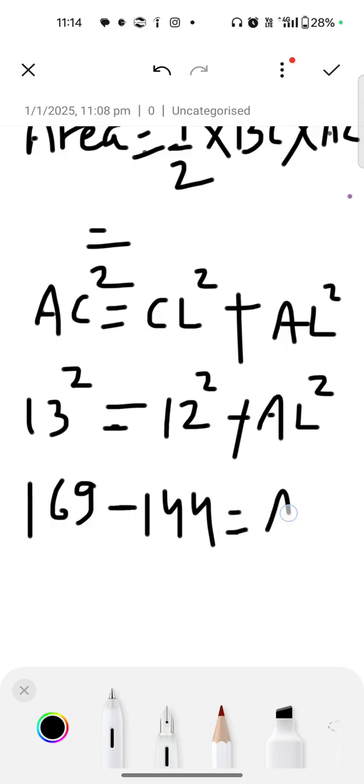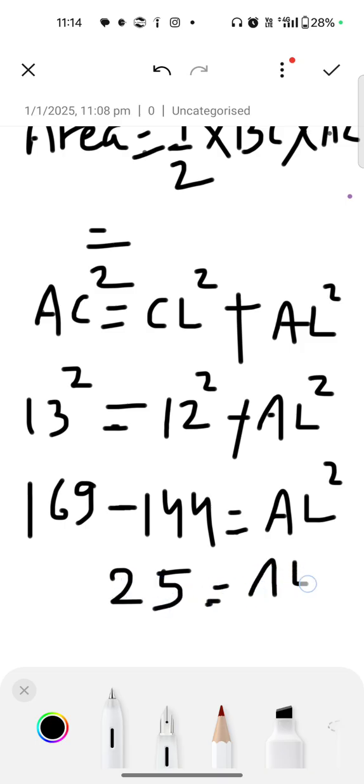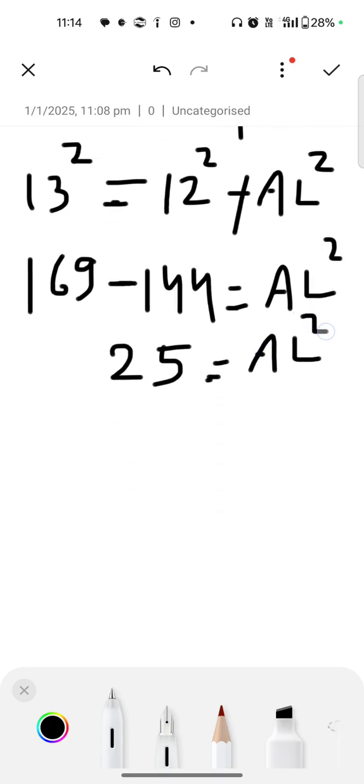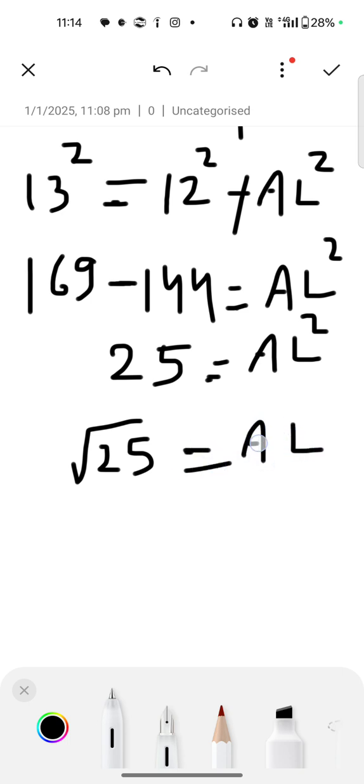So AL square equals 169 minus 144. 9 minus 4 is 5, 6 minus 4 is 2, so it is 25. So we get the value of AL is 5, because the square root of 25 is 5. So 5 will be our answer for AL.